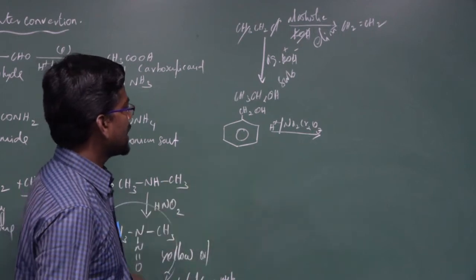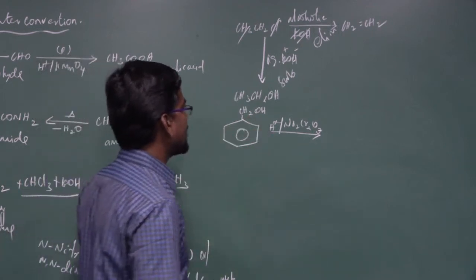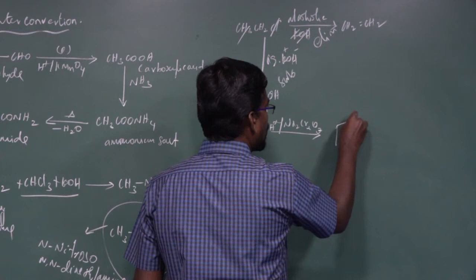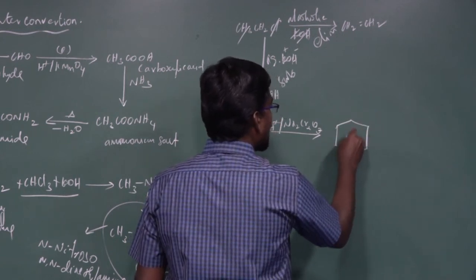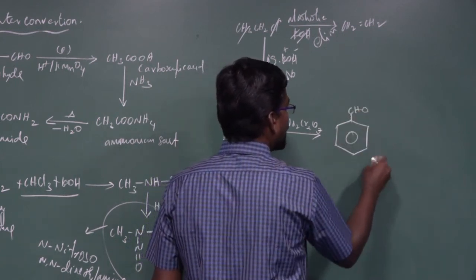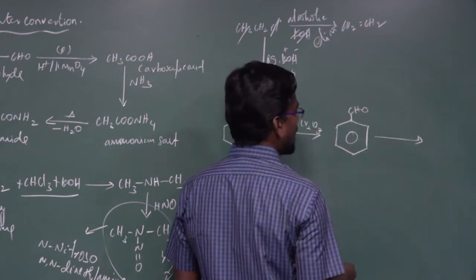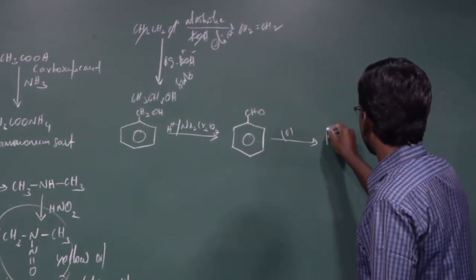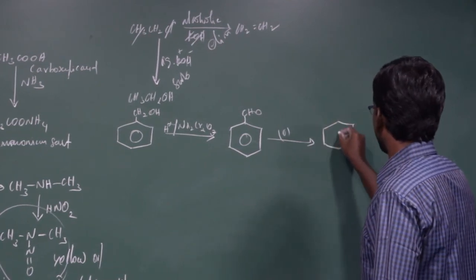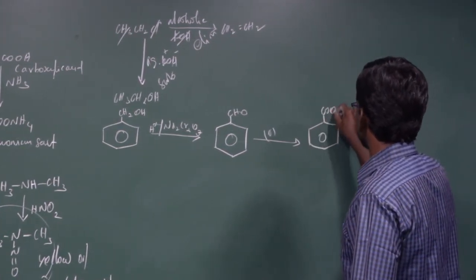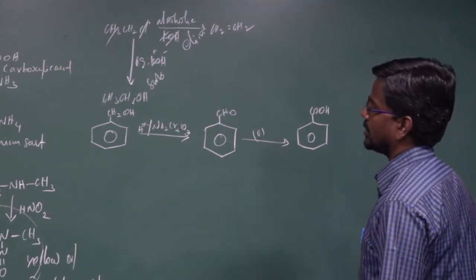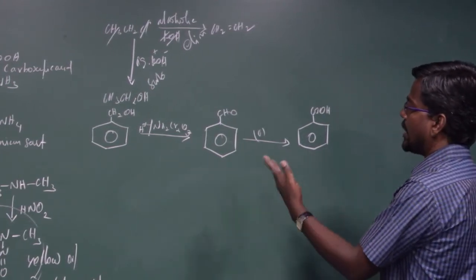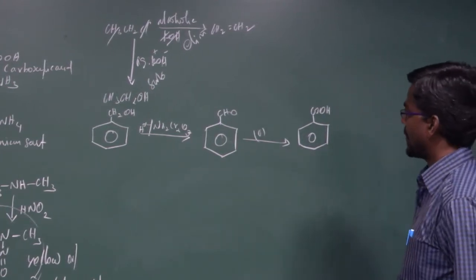The CH2OH group is converted into CHO, benzaldehyde. Further oxidized with the same oxidizing agent, it is converted into COOH, benzoic acid. Benzyl alcohol is converted to benzaldehyde, and benzaldehyde to benzoic acid.